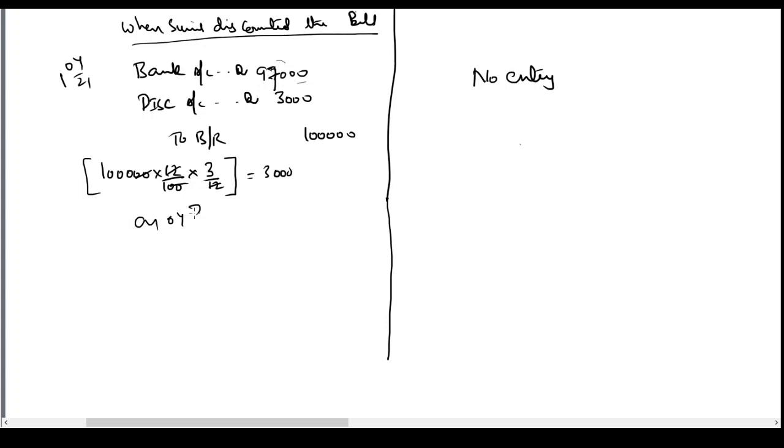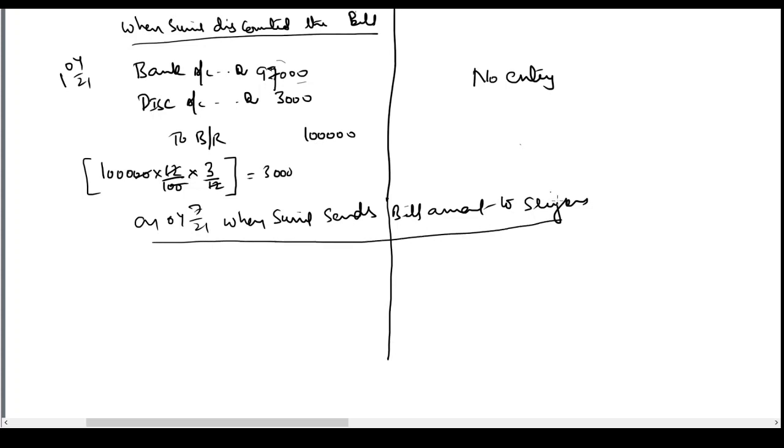On 4th July 21, Sunil sends the bill amount to Srujan. So just before the bank approaches Srujan for the payment, Sunil will send the full bill amount to Srujan.